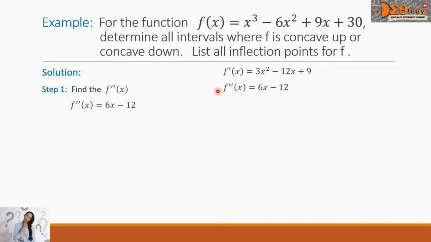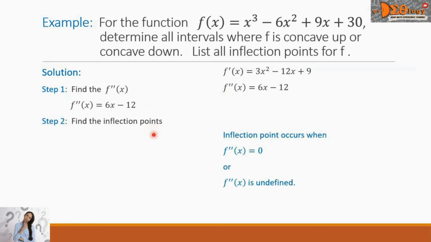Let us copy our second derivative below step 1. Step 2 is to find the inflection points. We say that inflection point occurs when f double prime of x equals 0 or f double prime of x is undefined.